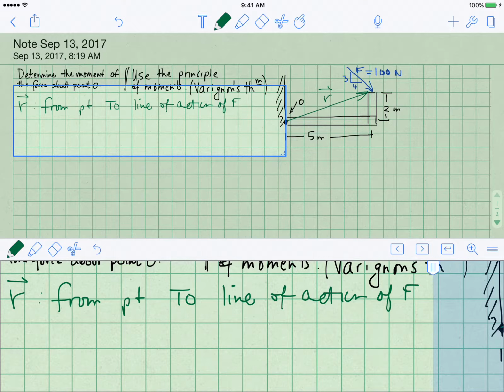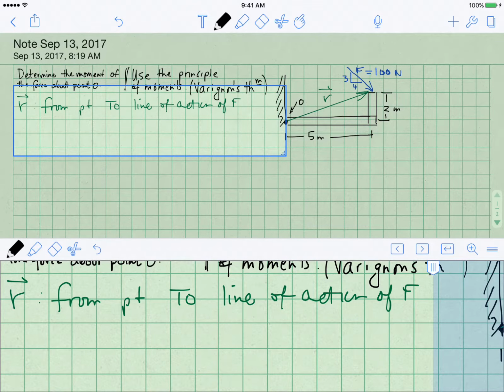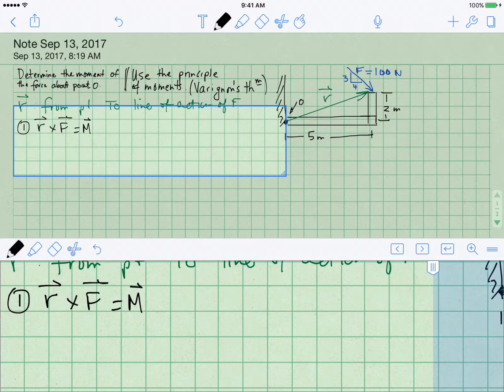So we have two ways of solving the problem. Method one is to use R cross F, and that will be our moment. And we'll do that last. The second method is to use this sort of principle of moments method. And that's what I'd like to illustrate to you right now.